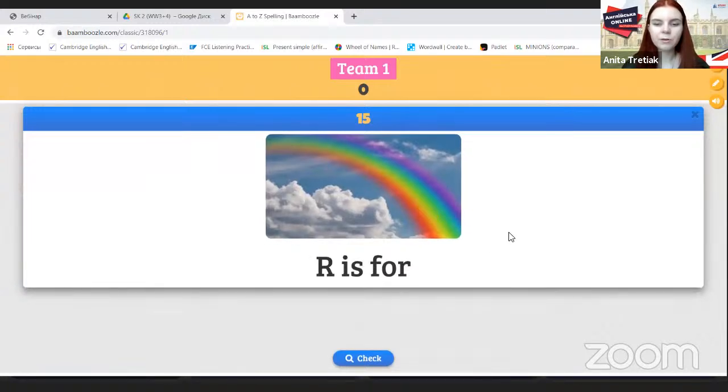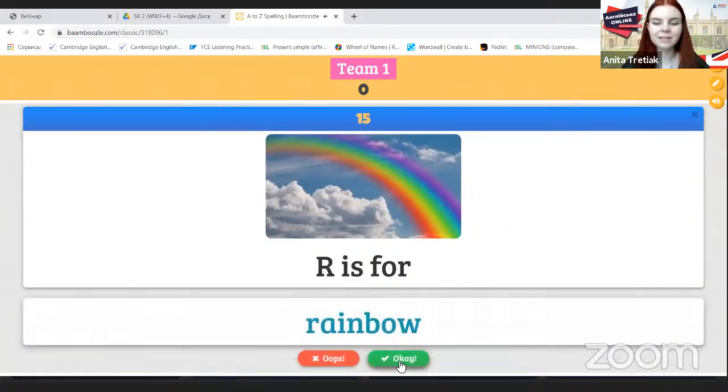So first letter R, and look at the picture. R is for, and name the word. What word can you see here? So I'm waiting for your replies. Yes, that's right. That's rainbow.